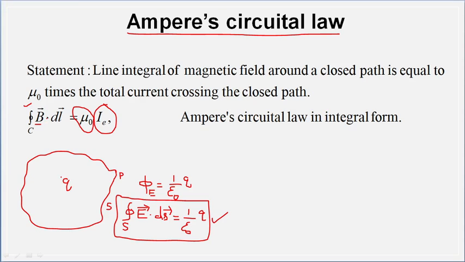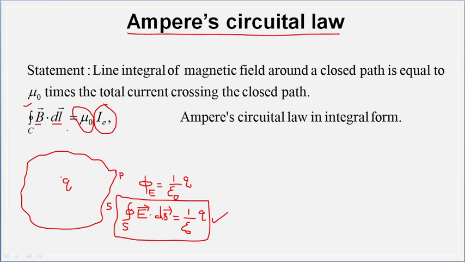Since it's a line integral, the length element comes. So from the equation of Gauss's law in electrostatics, we can write Ampere's Circuital Law in magnetism. What is to be done is replace 1 upon epsilon 0 by mu naught, charge by current, the surface integral by line integral, and E by B. And again, since it is a line integral, dl comes.